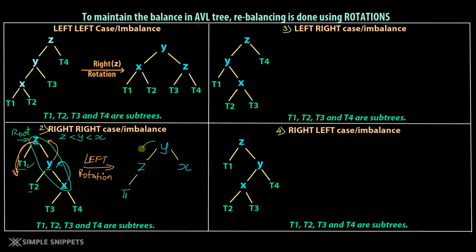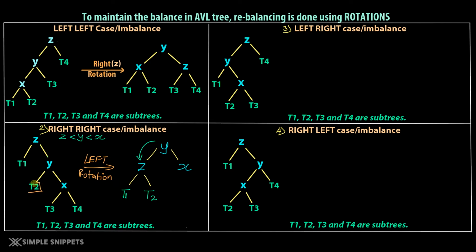So we will go to the left of Y, but T2 you can see in reference with Z is to the right of Z, correct? Because to reach T2 from Z in the original structure, we have to go one step to the right and then to the left, which means that T2 is ultimately greater than Z. That is, all the nodes in the T2 subtree will be greater than Z, and hence T2 will come to the right of Z. So let me repeat again.